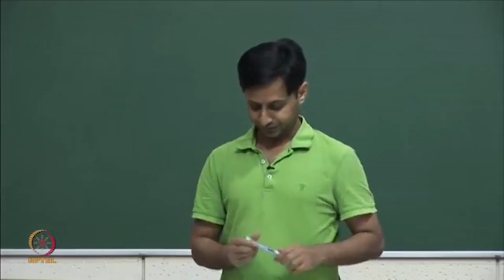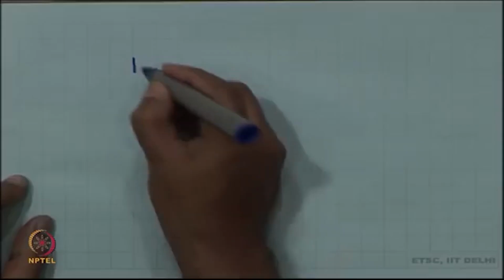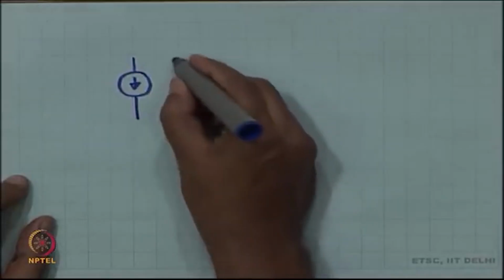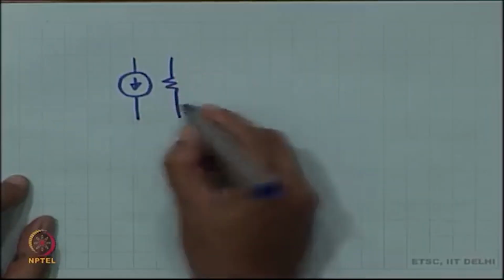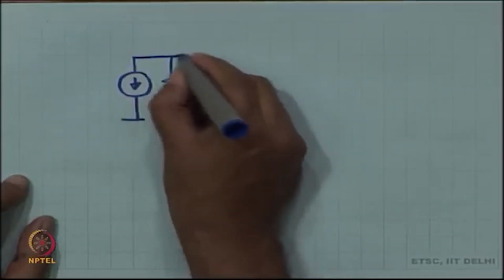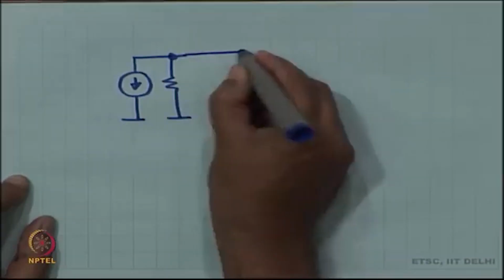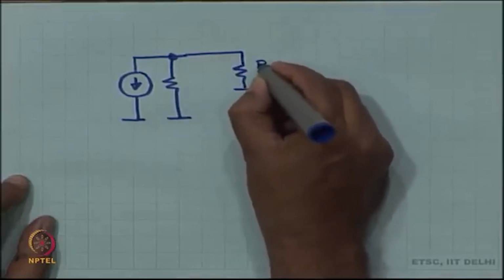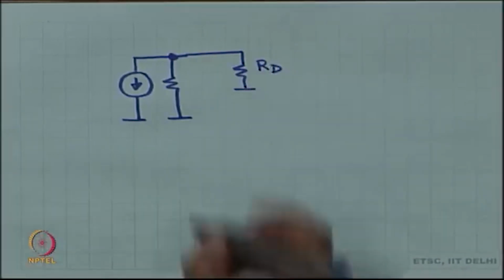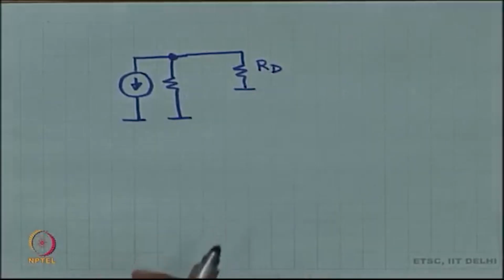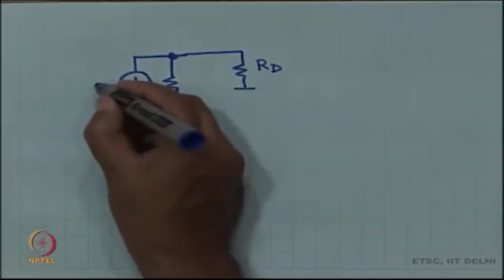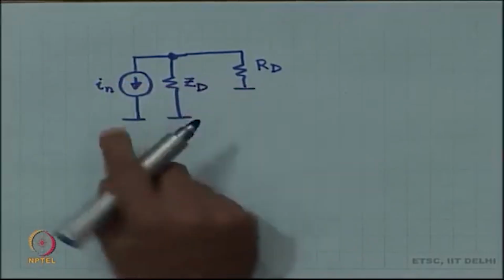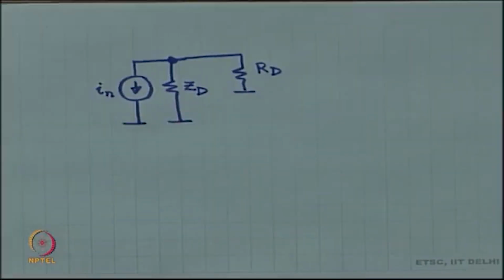So, the model for the circuit is this. So, these are the two quantities that you have computed.